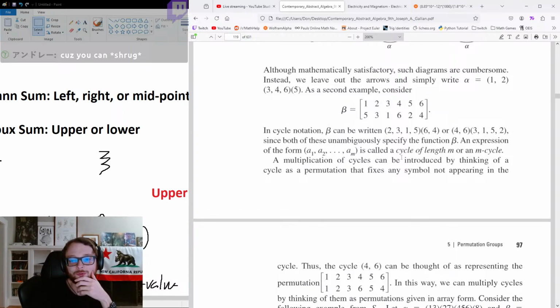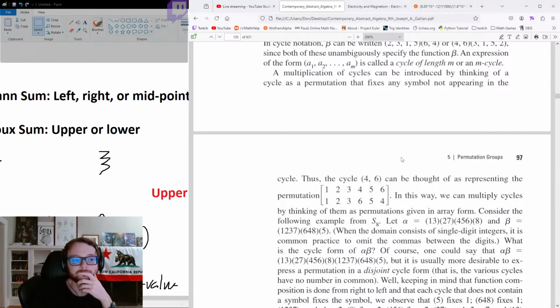Cycle length M or an M cycle. A multiplication of cycles can be introduced by thinking of a cycle as a permutation that fixes any symbol not appearing in the cycle.